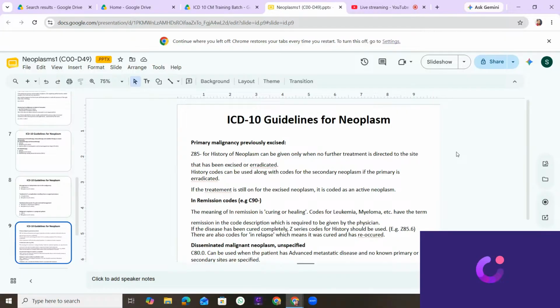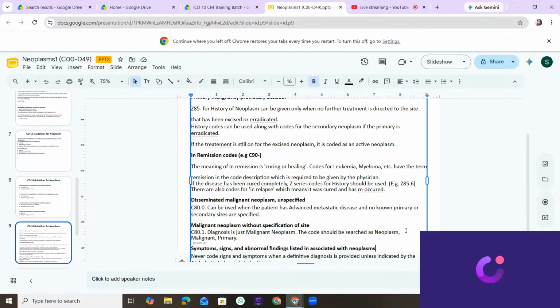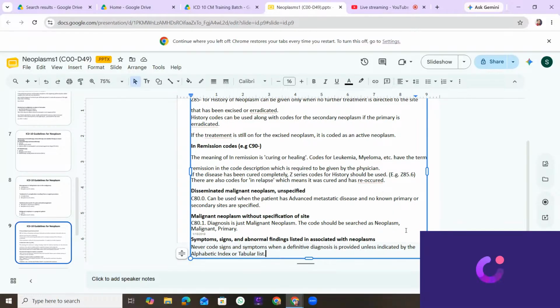Disseminated malignant neoplasm. Example: C80.0 can be used when the patient has advanced metastatic disease and no known primary or secondary site is specified. If you are not aware of which site is involved, at that time you can use this code, malignant neoplasm without specification of site.